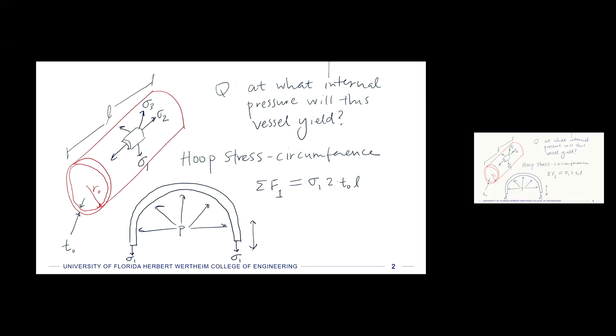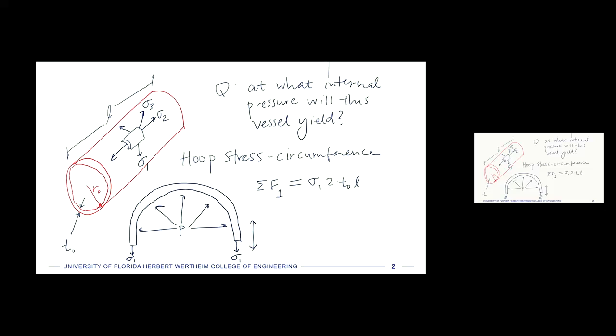And so it's the whole thing. And so sigma 1 acts on that little edge downward, and the area of that edge is 2 times the thickness, right? There's 1 on each side, times the entire length, right? So it's just the bottom faces there of that half cylindrical dome.